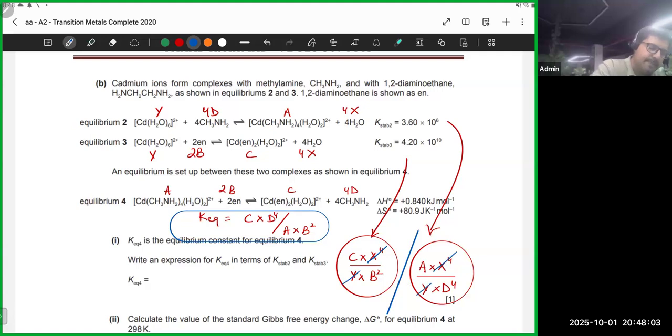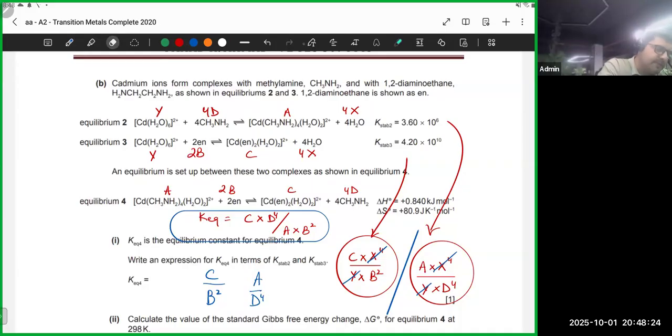So it's going to be c divided by b to the power 2, and that's going to be divided by a d4, right? If you know division, you can turn division into multiplication.